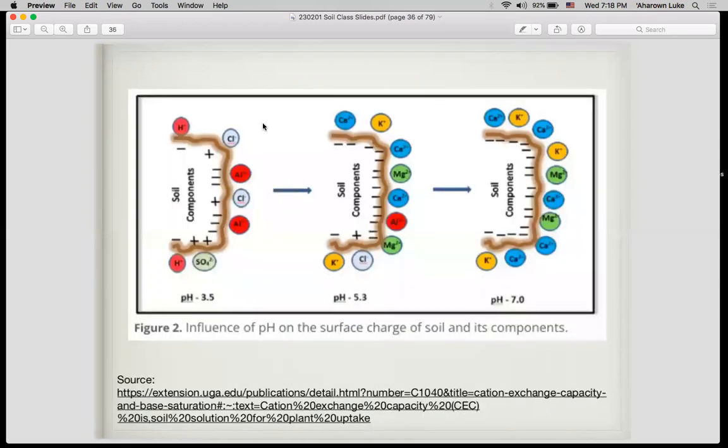And so here's an example. See, these H's would be like more hydrogen in the soil on these clay or organic matter particles, and so you're going to have decreased pH. But over here, you start to have no hydrogen, but you get these other cations that are taking the place of that, and it actually changes the soil charge so that it can hold more.